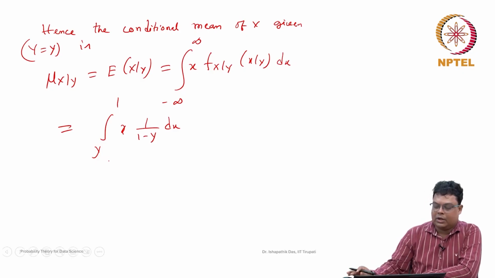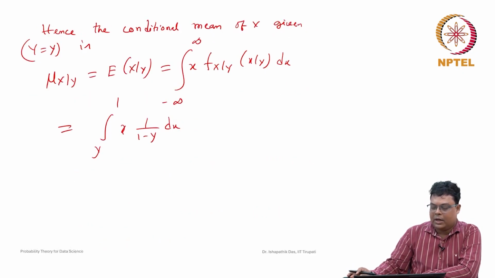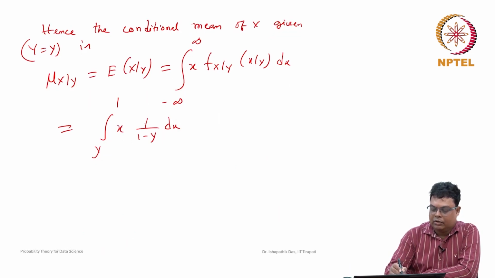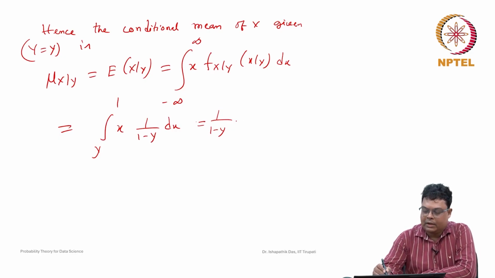Because this density exists on y to 1, and it is multiplied with x, the 1 by 1 minus y is like a constant, so it will be 1 by 1 minus y times the integral of x dx. So this is x square by 2, with limits y to 1.